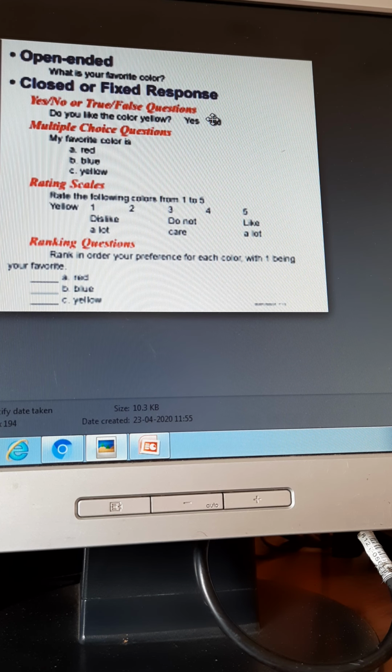What is this kind of question called? Nominal scale questions. Clear? Multiple choice question: which is your favorite color? Which is your favorite ice cream? Rank the best brand of shoes. So what is this called? Rank order.